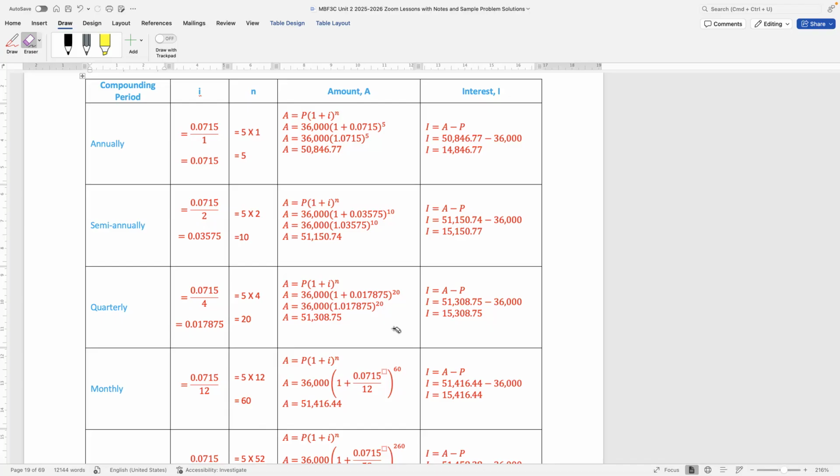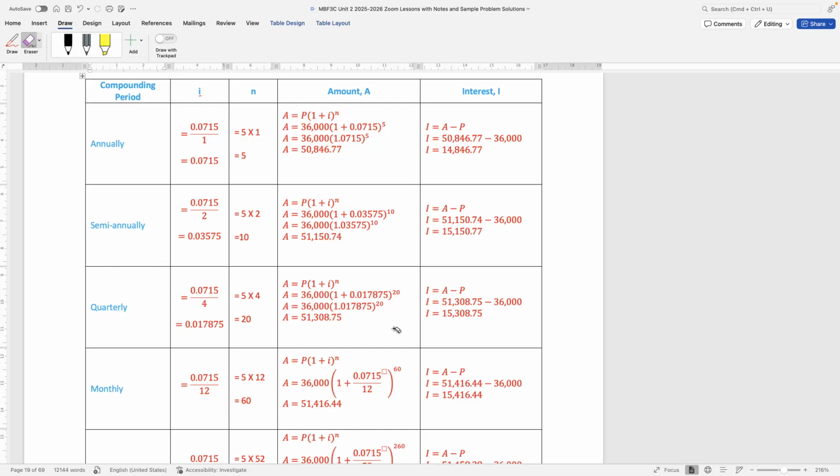BEDMAS says we do the exponent first, so now we do exponent 20, and then times that by 36,000. I get 51,308.75265.